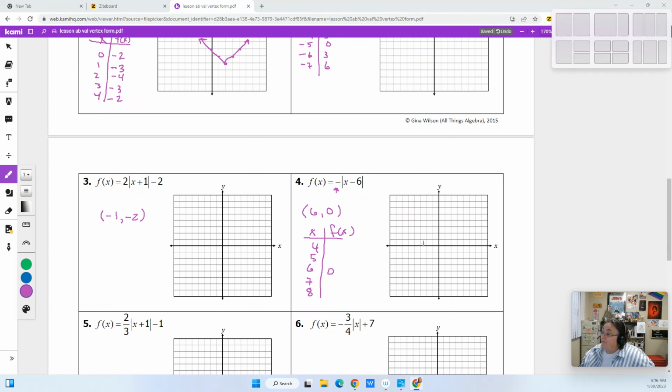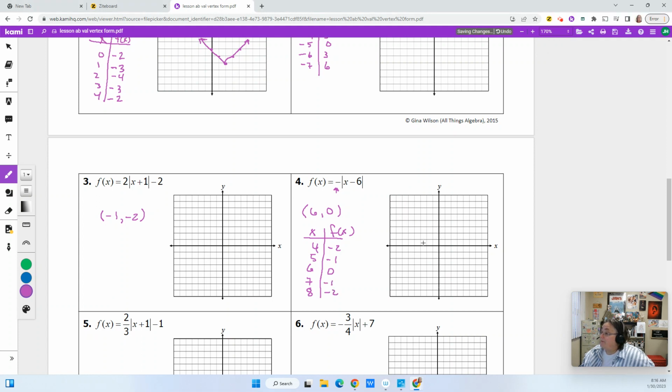So if I were to plug 5 in for x, I would have 5 minus 6, but that gives me -1. But the absolute value of that is just 1. But that negative on the outside makes it -1. And then this one would be -2. And this is going to be the same on this side, -1 and -2.